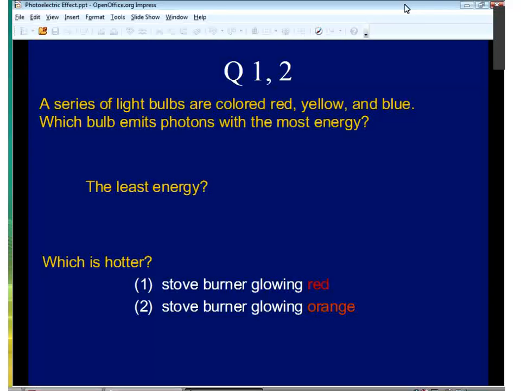Okay, which is hotter? Stove burner glowing red or stove burner glowing orange? Red is longer in wavelength, so orange should have higher energy.